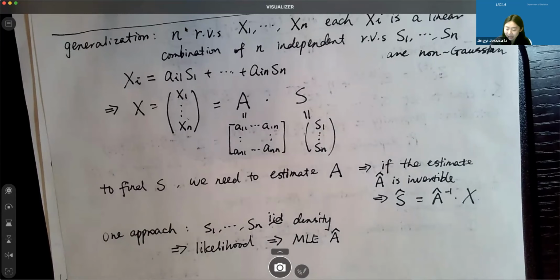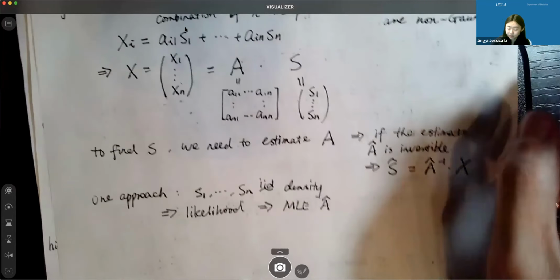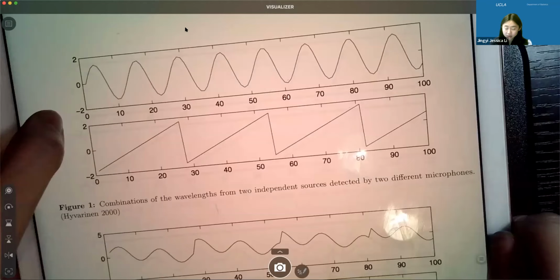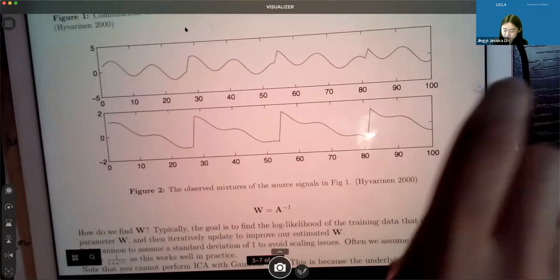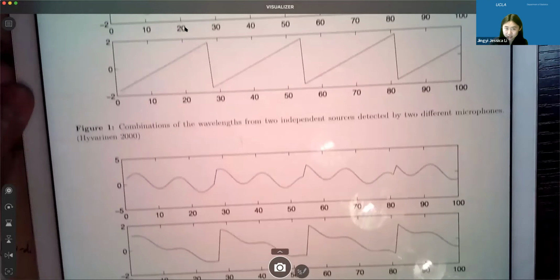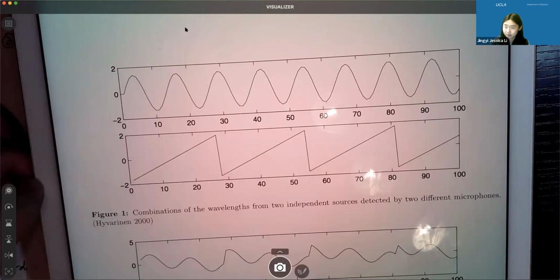So that's why ICA is applied to the case where you can easily assume your source random variables are not normally distributed. For example, one typical application is like this, which is in our notes. You can see this is the measured signal across time, and after decomposition, you get these two signal tracks, and they are independent of each other.